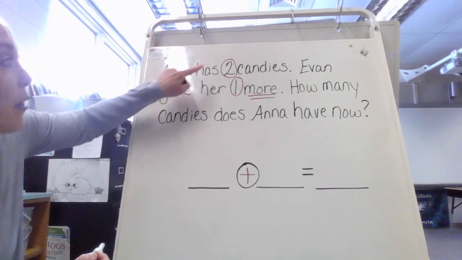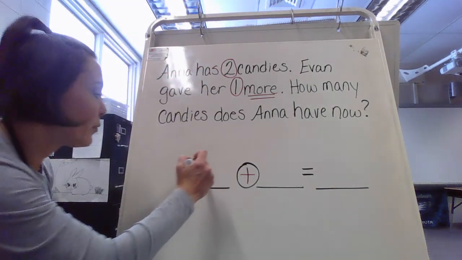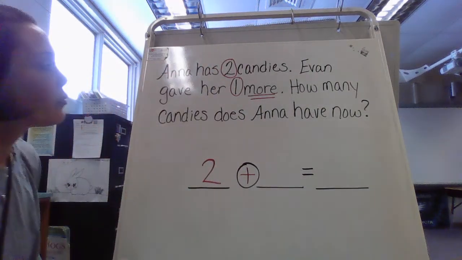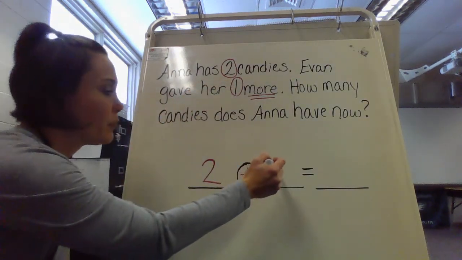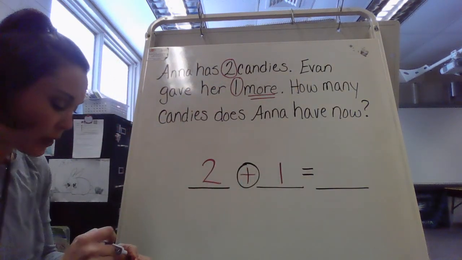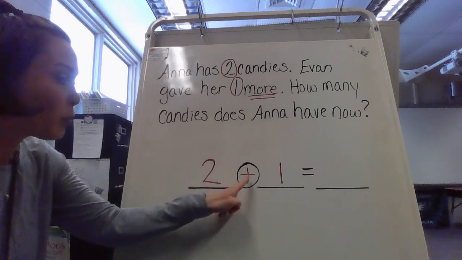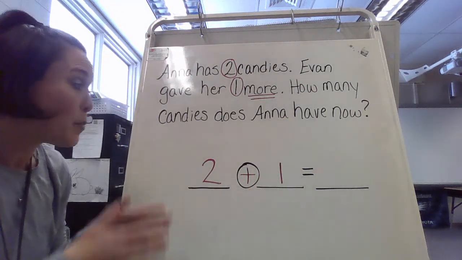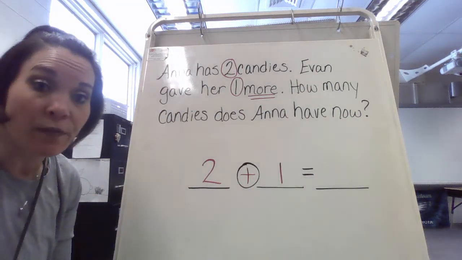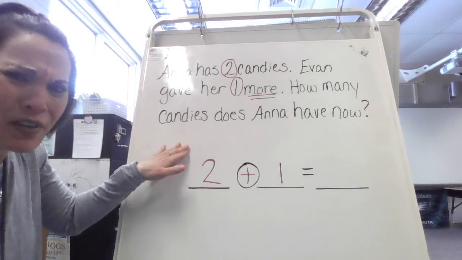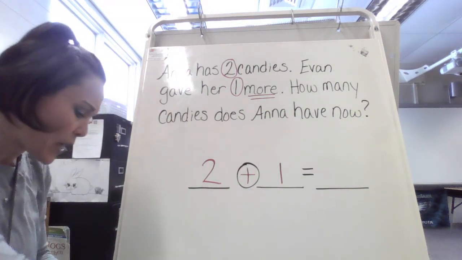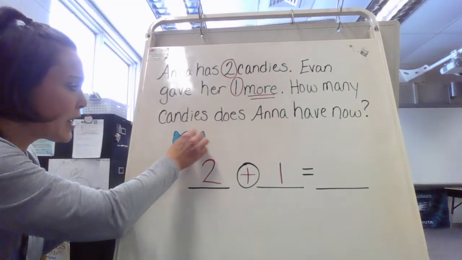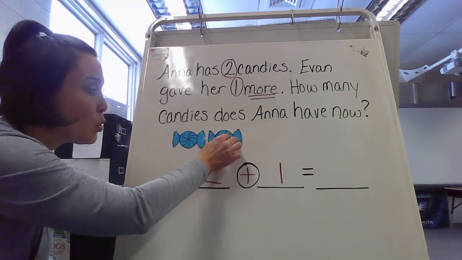Here we go. I have 2 and 1. Look, this is my number sentence: 2 plus 1. Some of us might be able to draw a picture or use our fingers as helpers, but maybe some of us need to see something here. Here's Anna and her 2 candies.